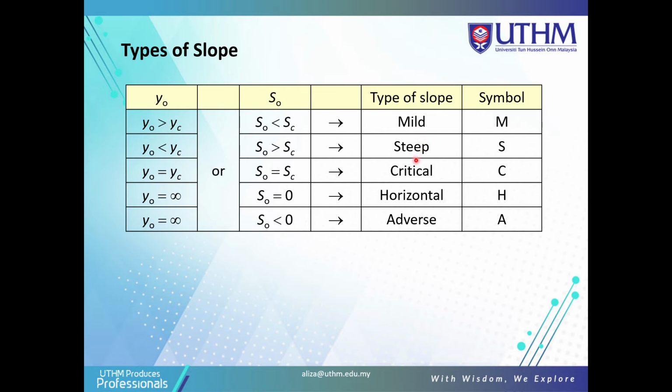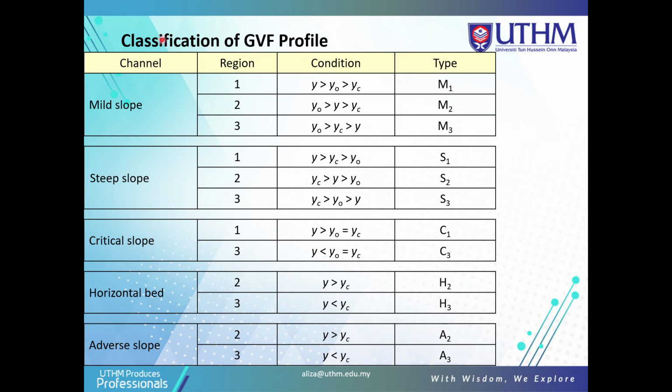Okay, so these are the types of slope. The classification of GVF profile is based on region 1, region 2, and region 3, so they have 3 regions. The channels are mild slope, steep slope, critical slope, horizontal, and adverse slope. Mild slope and steep slope have 3 regions.